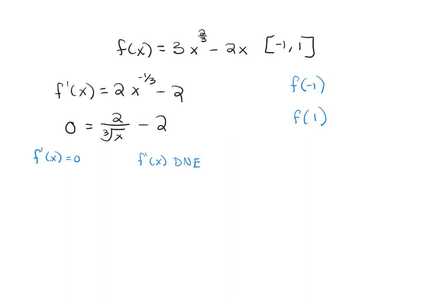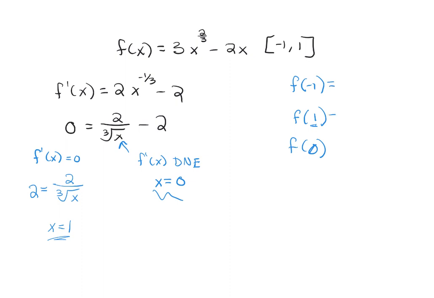So remember, critical points happen when the derivative is equal to 0 or when the derivative does not exist. So because I've got the variable in the denominator, we'll have a critical point at x equals 0. And then if I solve this, if I add 2 to the other side, 2 divided by 1 gives me 2. So I already have 1 as an endpoint, so I just need to add f of 0.